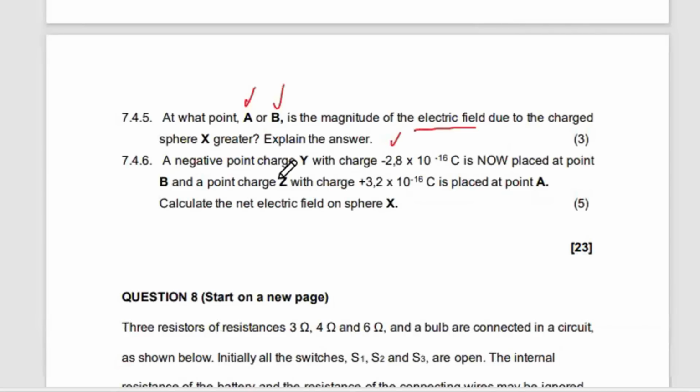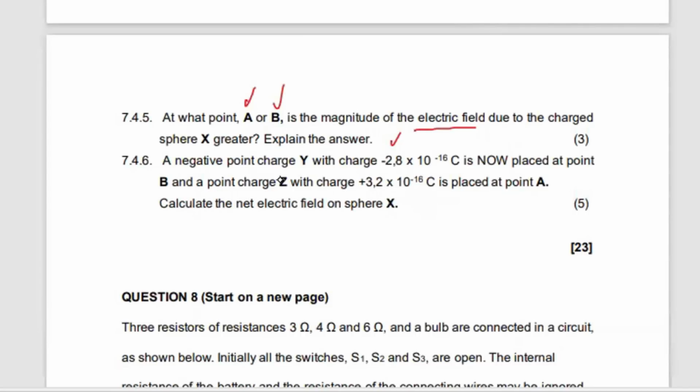That's what we need to remember. This electric field is inversely proportional to the distance of separation. In other words, if the radius is smaller, or if the distance between them is smaller, then the field is going to be stronger. So the electric field will be greater.